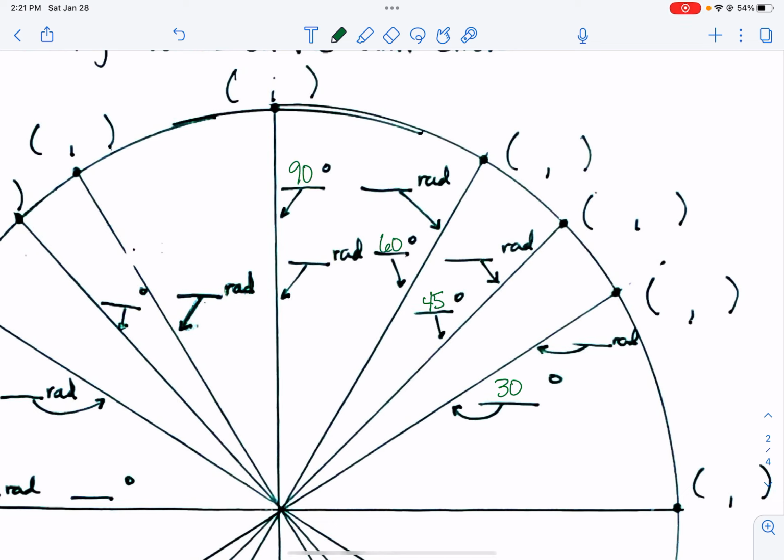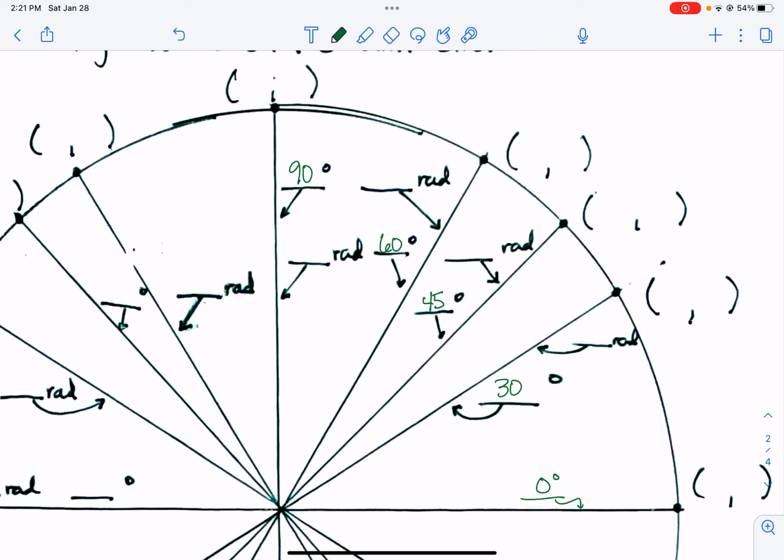This is 90 degrees. And I should probably put down here 0 degrees for this line. Those are the most important angles to know the radians for and the coordinates for, since those are going to tell you what sine, cosine, and tangent output.